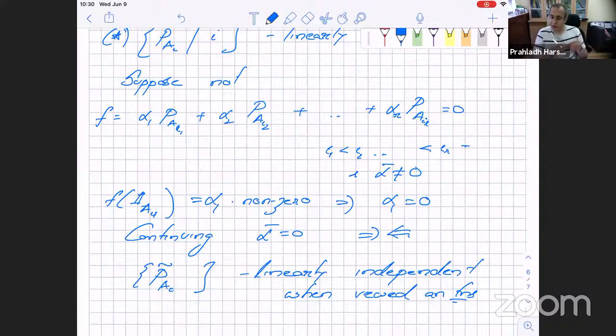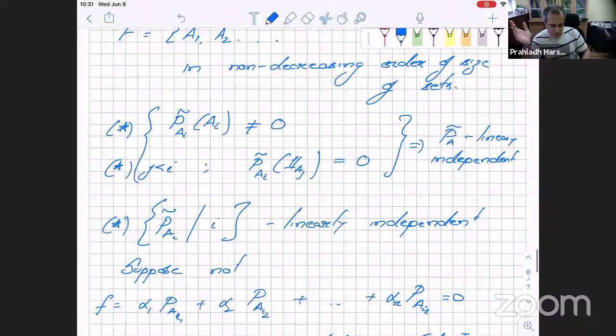So it's linearly independent, and in particular you have a distinct polynomial for each. Therefore, the dimension of the space spanned by the P A_i's is exactly the size of the class calligraphic F. They are |F| in number and linearly independent, therefore they form a spanning set. They form a basis for the class of functions we were talking about.